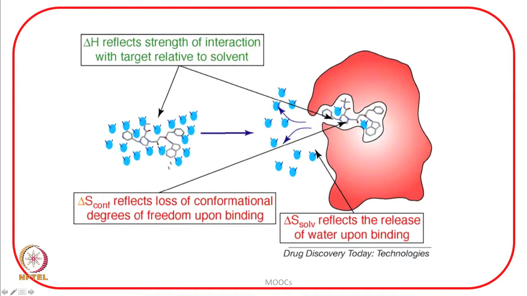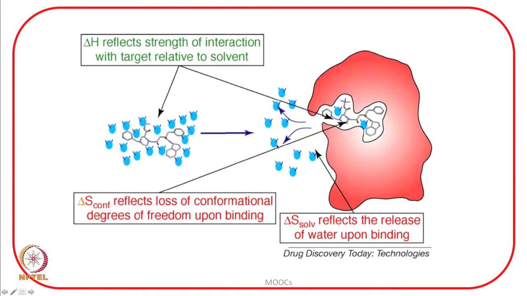Removal of water molecule requires energy. So, I can say that removal of water molecule, which is called desolvation, costs energy. There is a penalty for removal of water molecules.